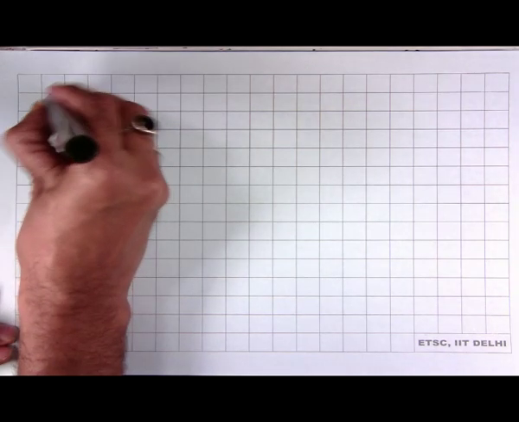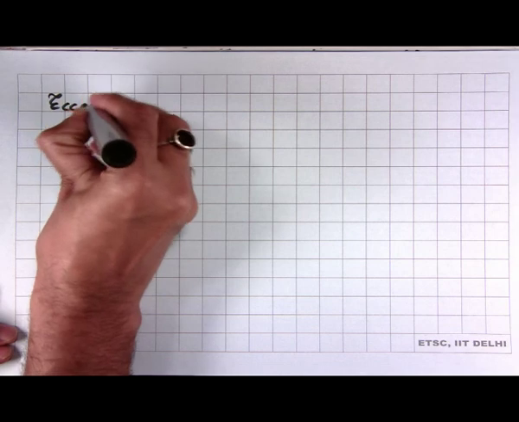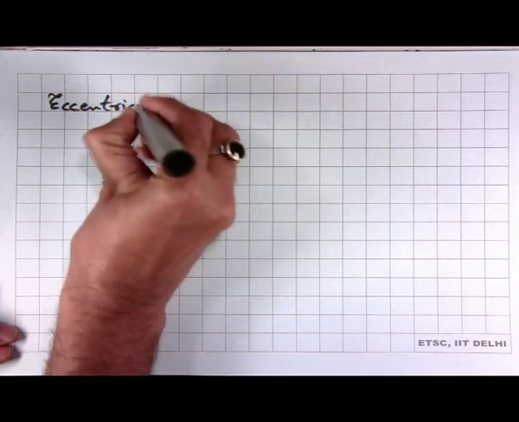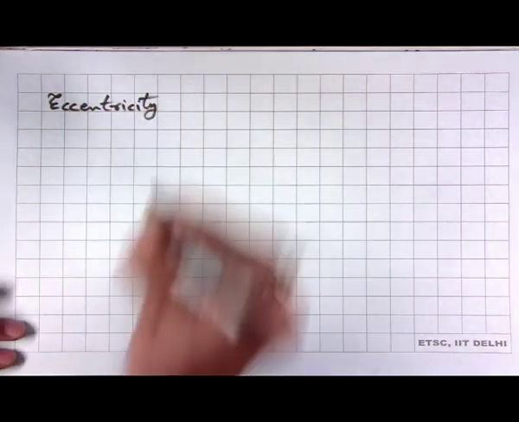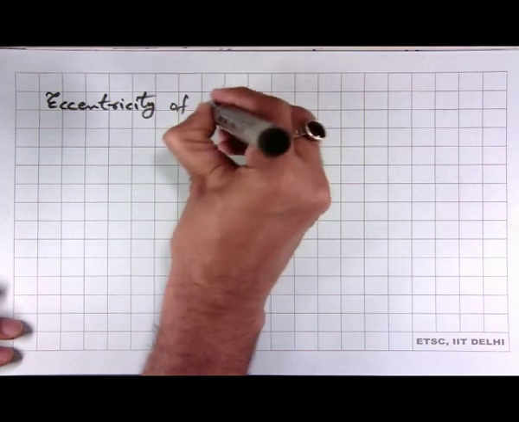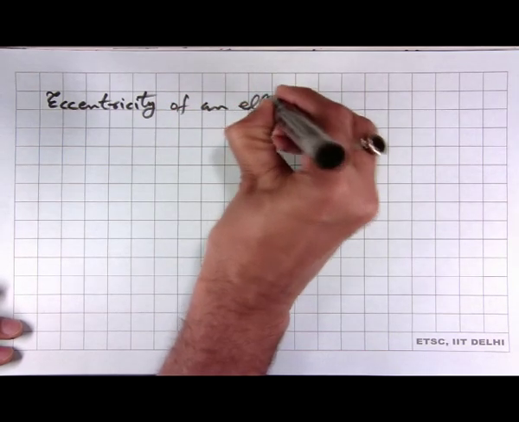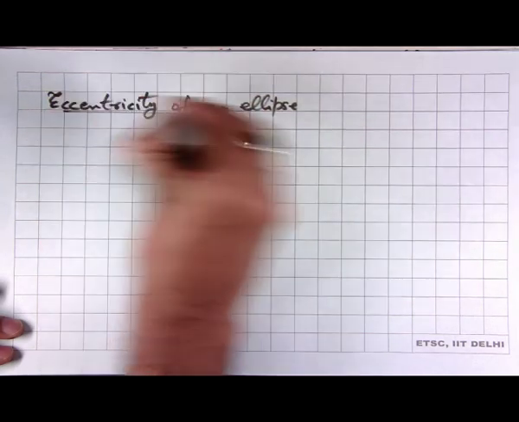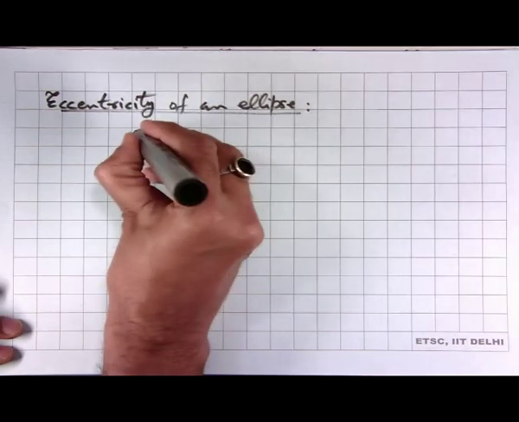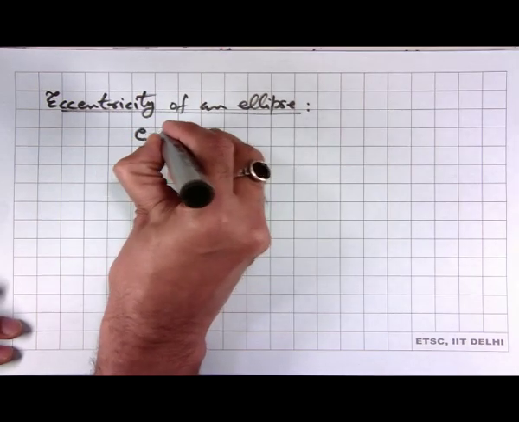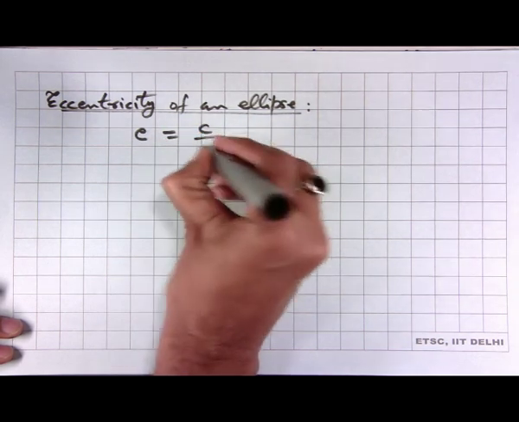Definition: we define the eccentricity of an ellipse as e equal to c by a.